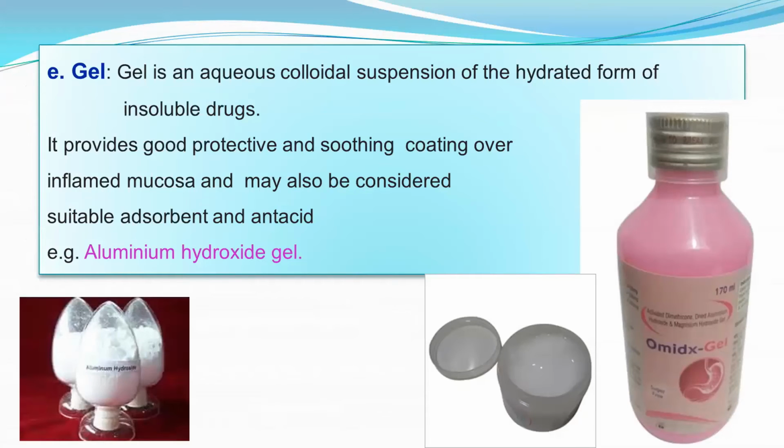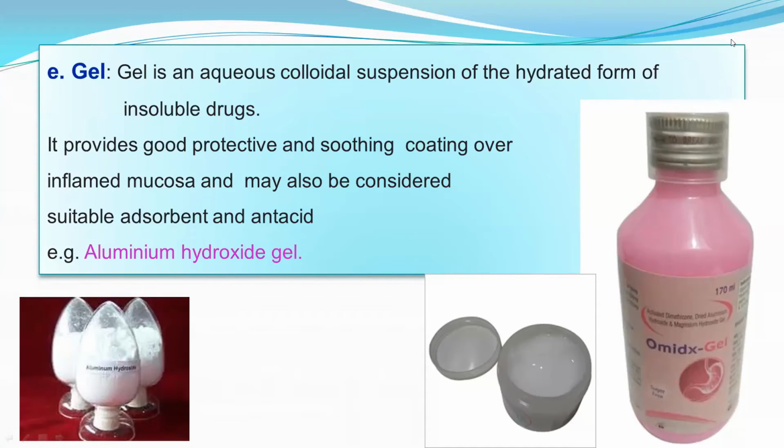And gel. I think many of you have tasted gels, especially Digene, Gelusil and so many antacid forms, so you know it very well. Gel is an aqueous colloidal substance in the form of insoluble drugs, and it provides a very good protective and soothing coating over inflamed mucosa, and may also be considered a suitable absorbent and antacid.